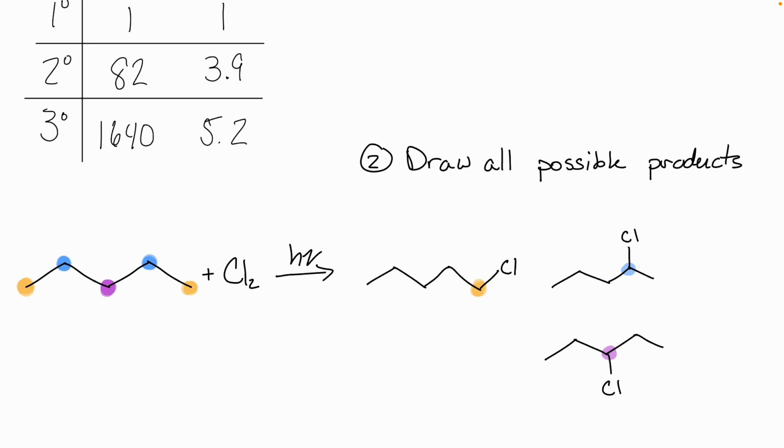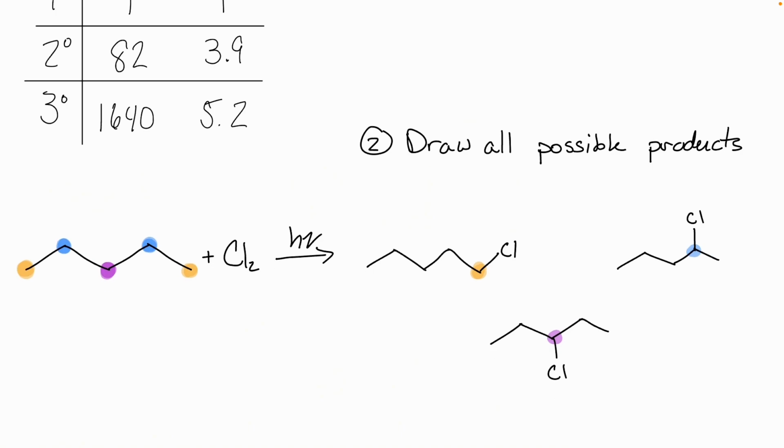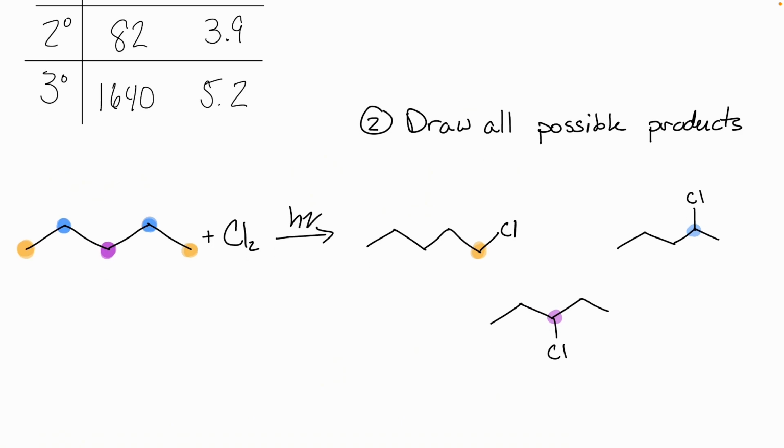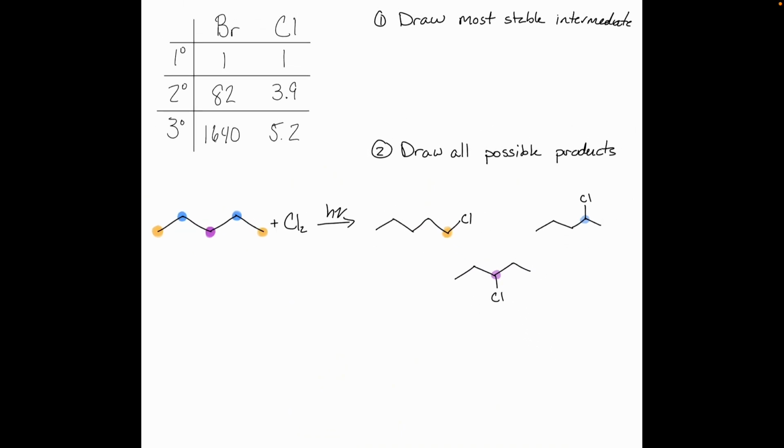So these are our 3 different possibilities. Which means that now when I do my calculation to figure out which one is my major product, I'm going to have to do 3, 1 for the orange group, 1 for the blue group, and 1 for the purple group.